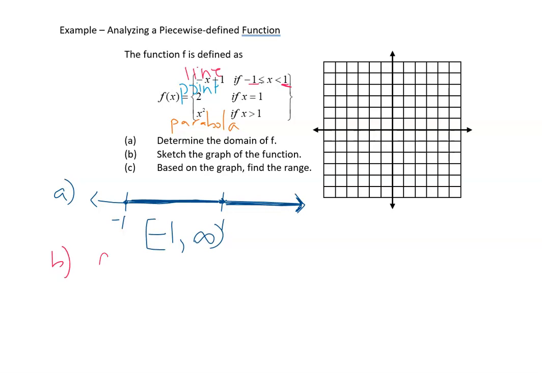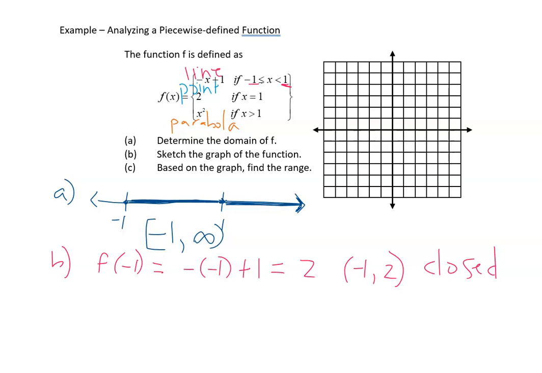So I'm going to find f of -1 by plugging -1 into the top piece of definition. So I have -1 plus 1 is equal to 2. So I have the point -1, 2. And because x can be equal to -1, this is going to be a closed point.